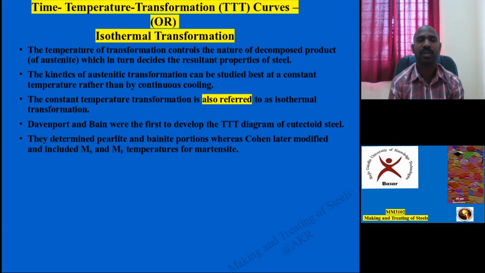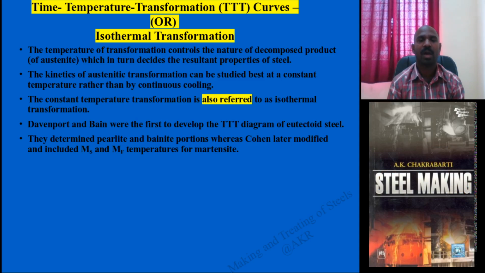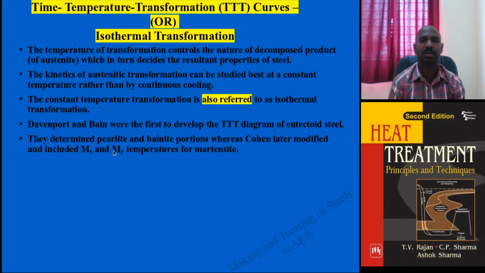The end products, pearlite and bainite portions, are shown in the TTT diagram, and later it was developed by Cohen, who included another phase: the starting point of martensite and the finishing point of martensitic temperatures are included.